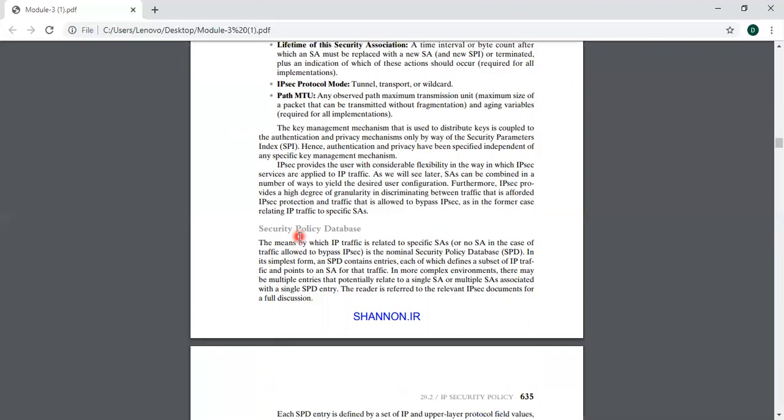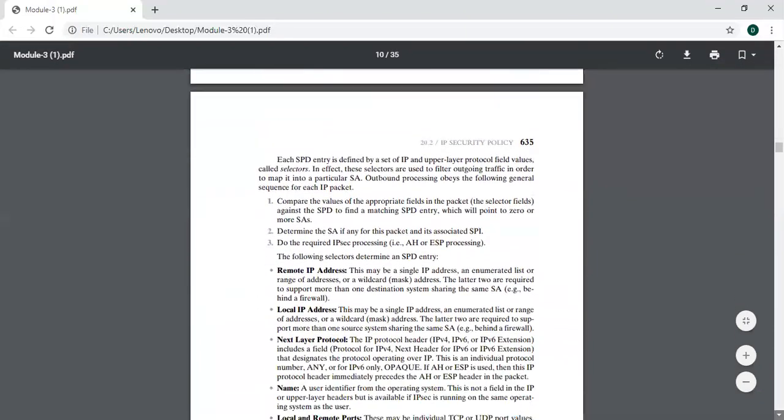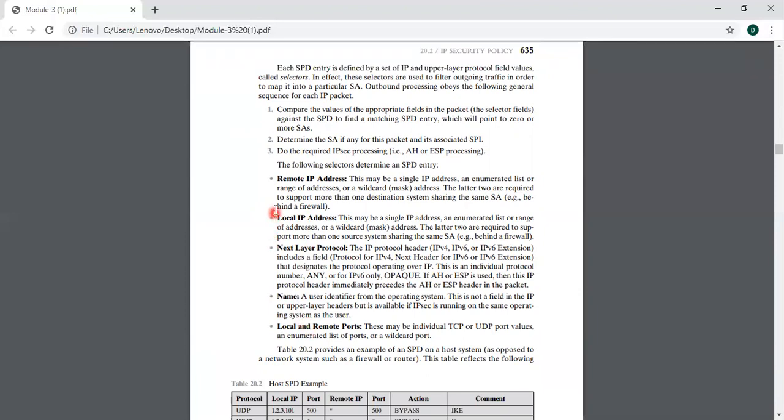The selectors can determine the SPD entry. The SPD entry consists of a remote IP address, local IP address, next layer protocol, name, and local and remote ports.